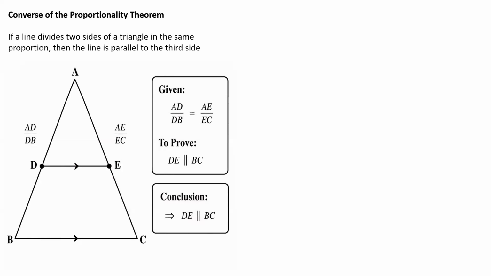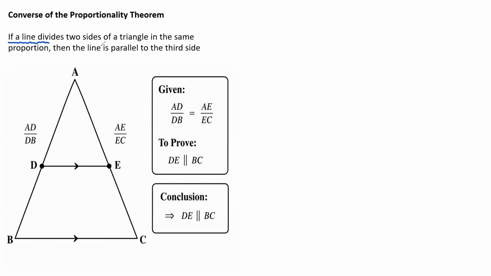In the next one, this is the converse of the prop theorem. In other words, in this context, we are given the sides as proportional already. We're given that AD over DB is equal to AE over EC. This we are given. Fine. And in that context, the sides are in proportion. So what does the converse say?